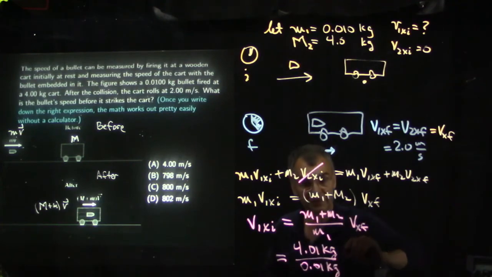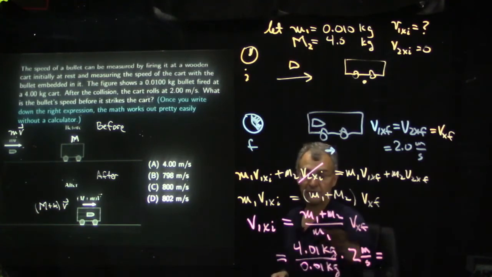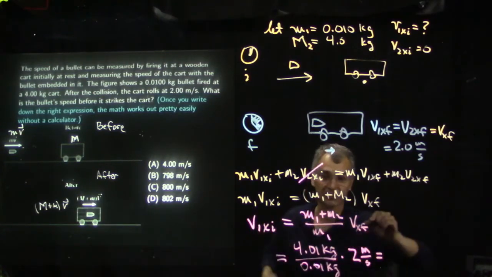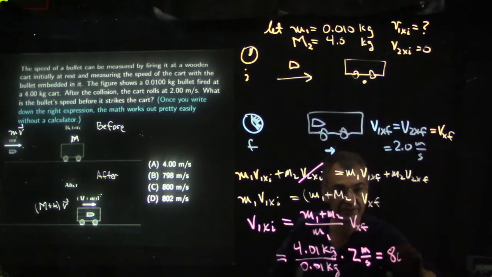And this is 2 meters per second. So this is like 4 times 2 divided by 0.01. That's like 4 times 2 times 100. 400 times 2, that's like 800, right? So that's basically 800 meters per second.